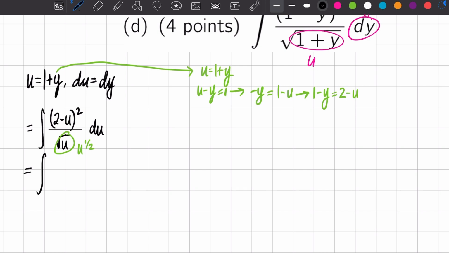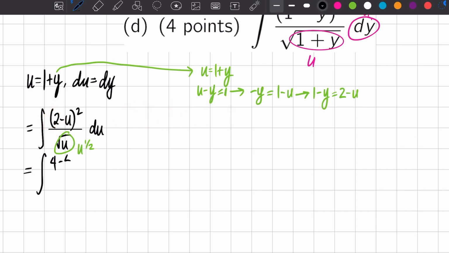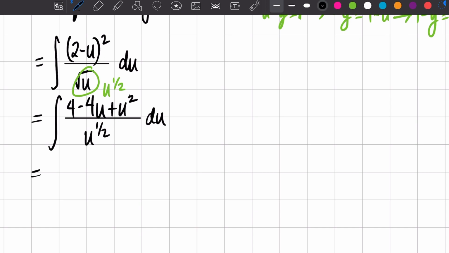We have 4 minus 2 times 2 times this one, 2 times u. So that's equal to 4u. So you have 4 plus u squared. The one below is u raised to 1 half du. And by our laws of exponents, what we'll have here is 4 all over u raised to 1 half.